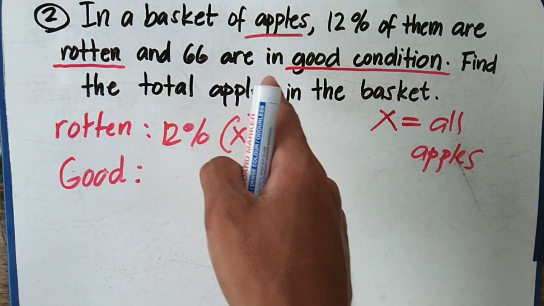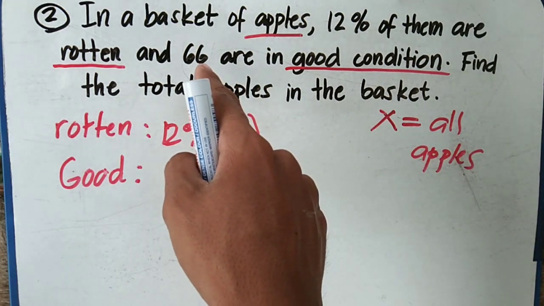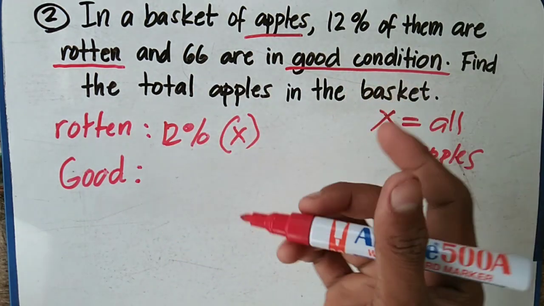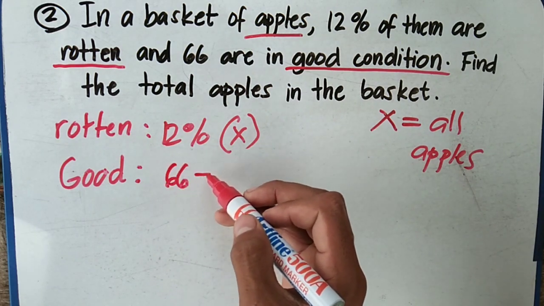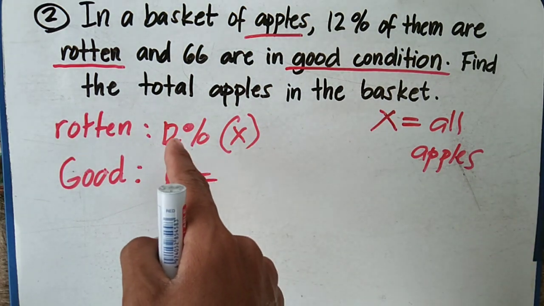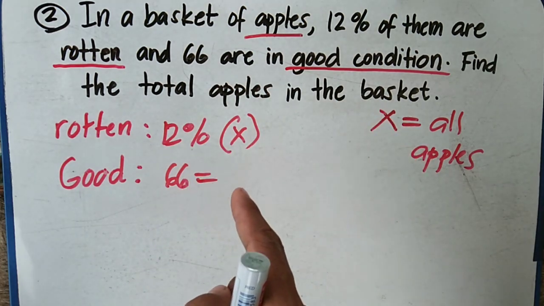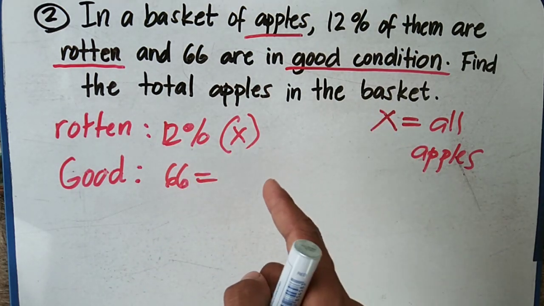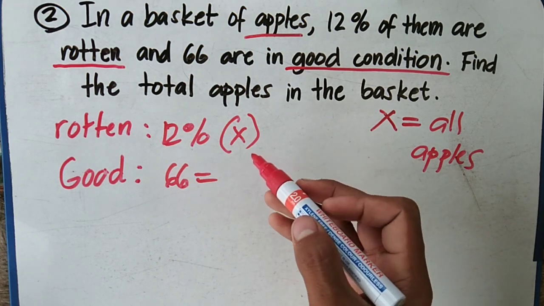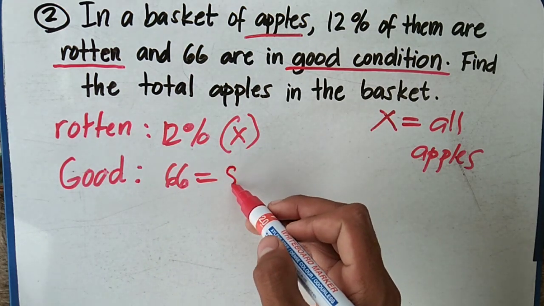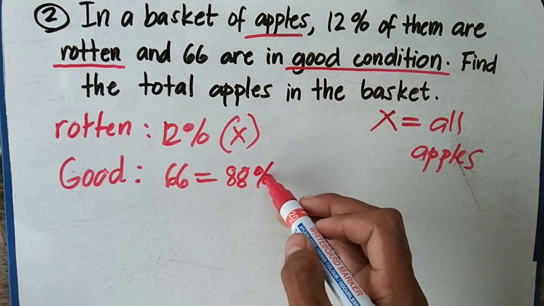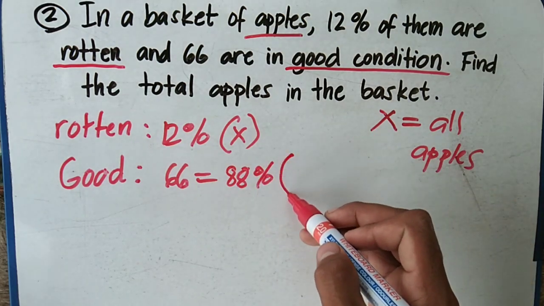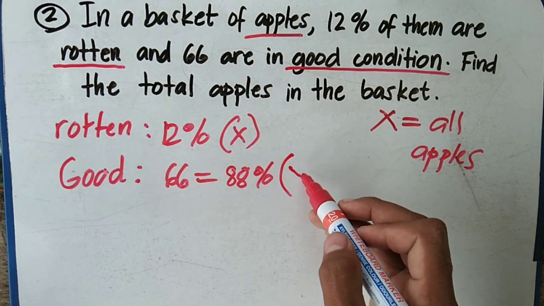Next, and 66 are in good condition. 66, hindi to percent. Ang gagawin natin, ilagay natin sa good, 66. And since meron na tayong 12% sa rotten, alam natin ang in good condition, ang percent niya ay 100 minus 12. We have 88%. And yung total apples is X.